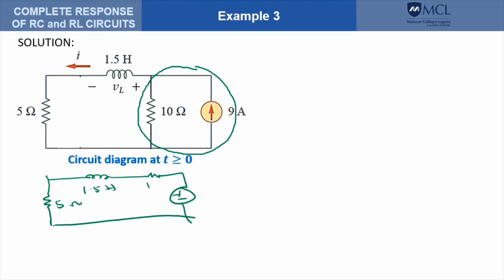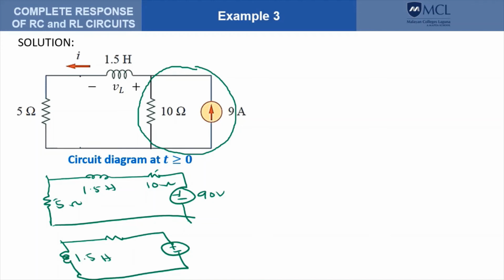So here it should be 10 ohms, while this one should be 90 volts. We can combine 10 and 5, and that should give us a circuit that looks like this, which is now a pure series RL. So this should be 15 ohms and this should be 90 volts.